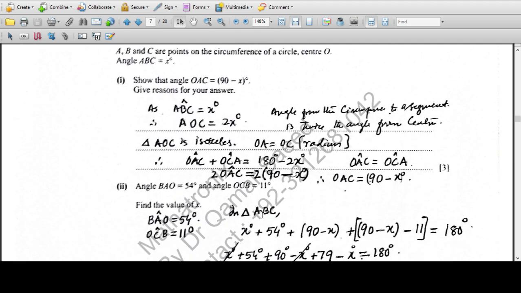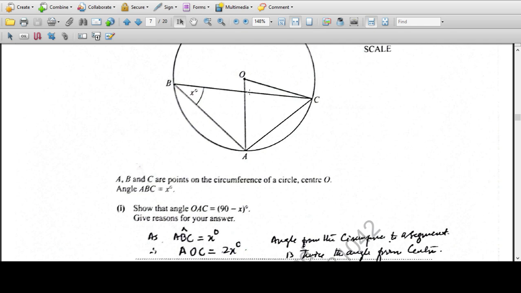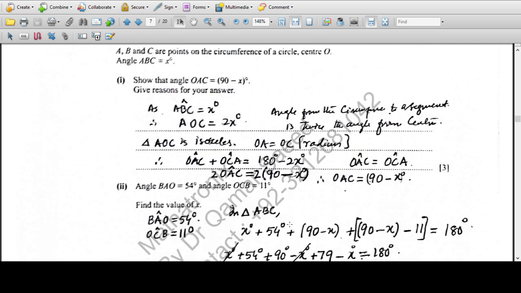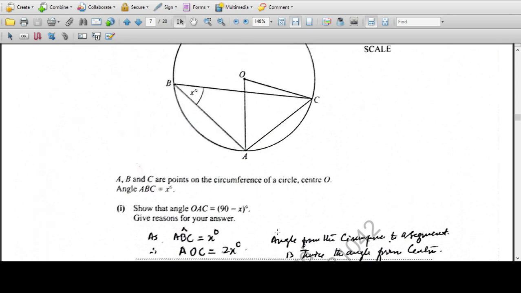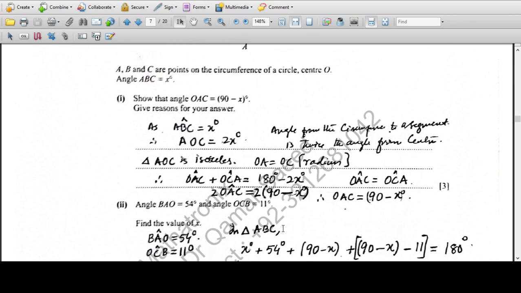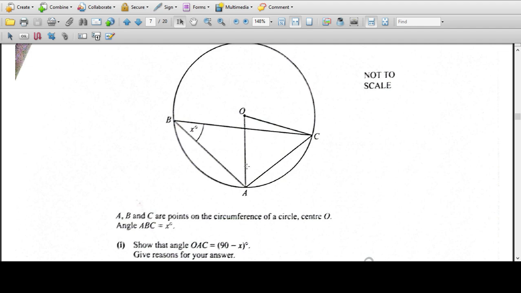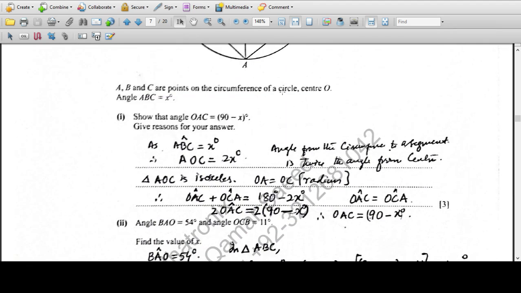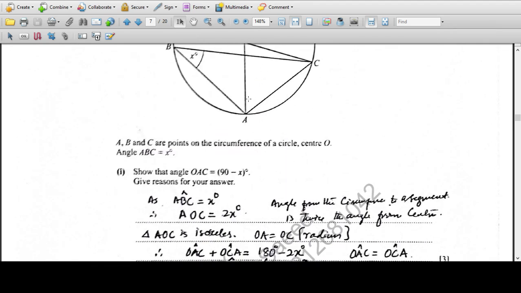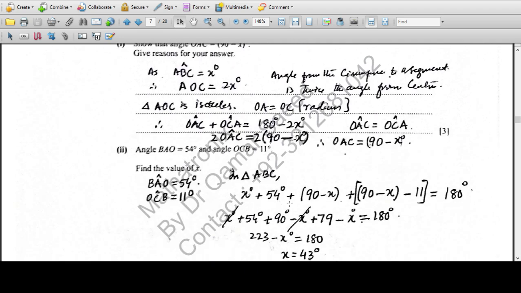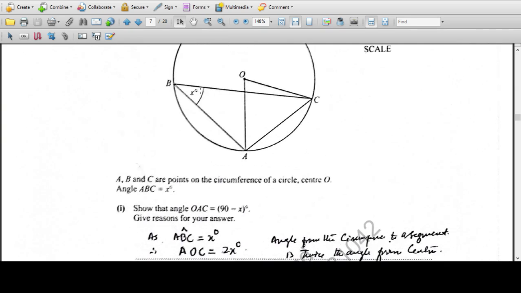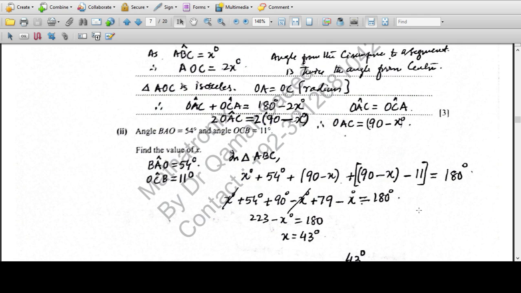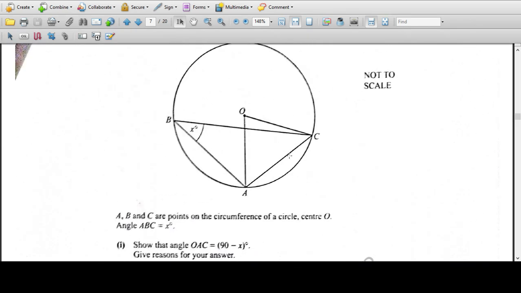This is given. So in triangle ABC, we have x naught plus 54 degree, this angle and this angle. This angle is 90 minus x, this is 54 degree, this is x naught, and this is 90 minus x minus 11 degree.